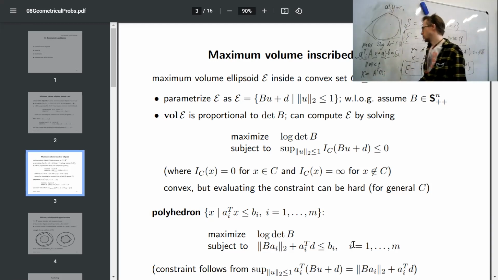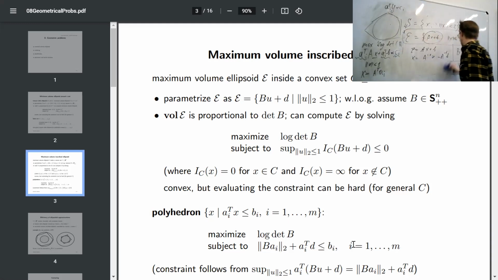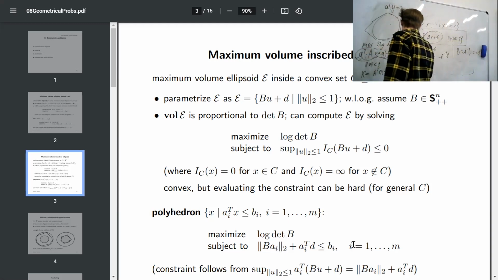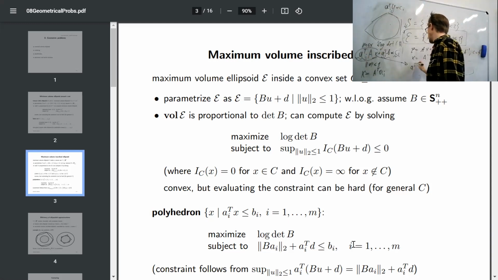Okay, let's write it. So this expression becomes something like A transpose A transpose A.